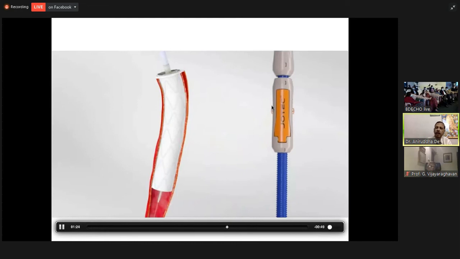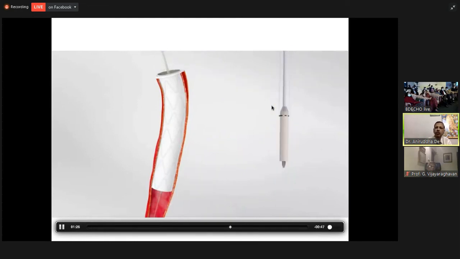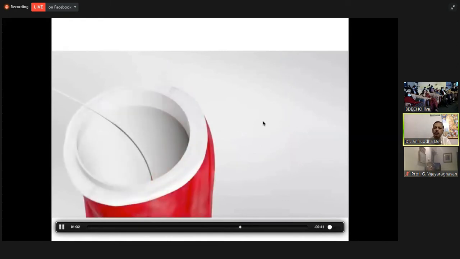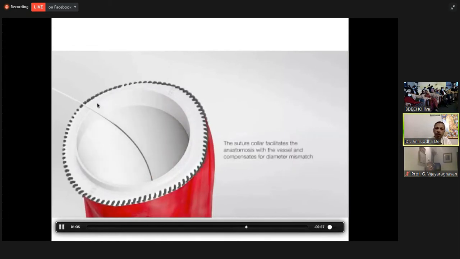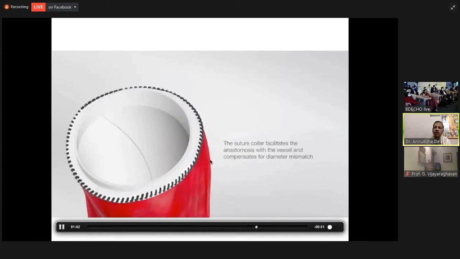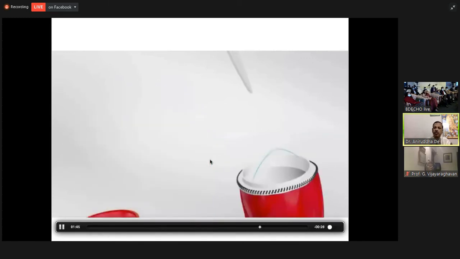What happens after that? We take out the delivery system, and then suture this collar, which facilitates the anastomosis with the vessel and compensates for the diametric mismatch, so that the diameters become matched.